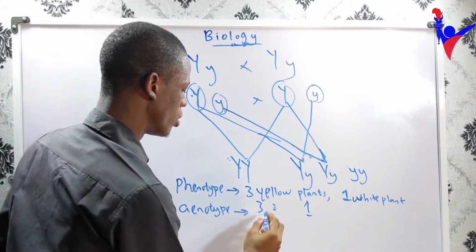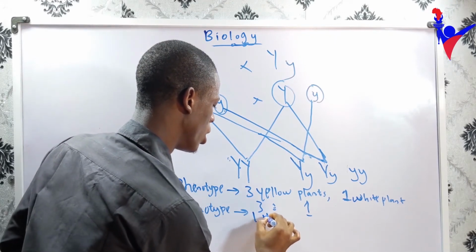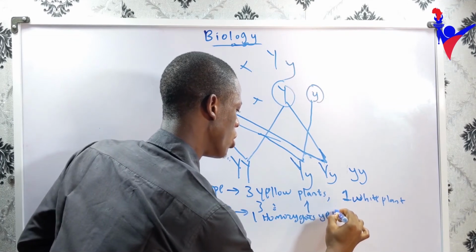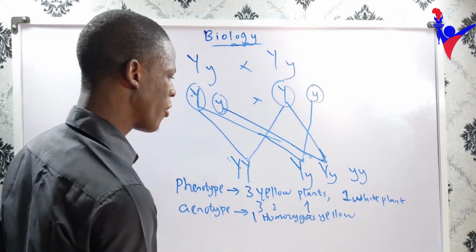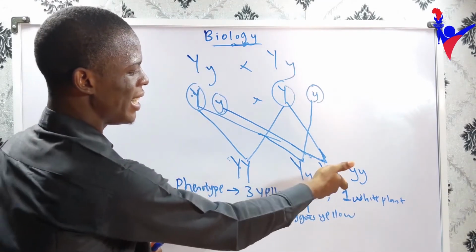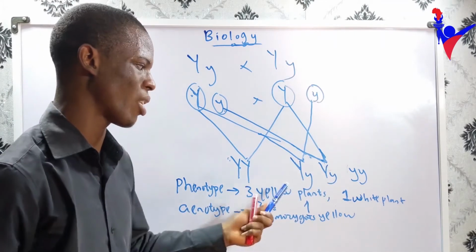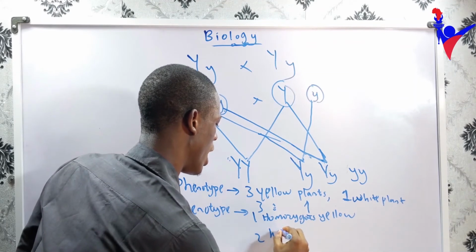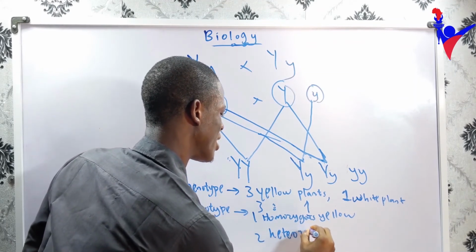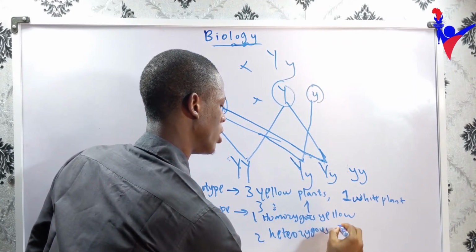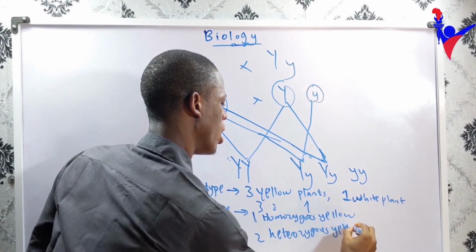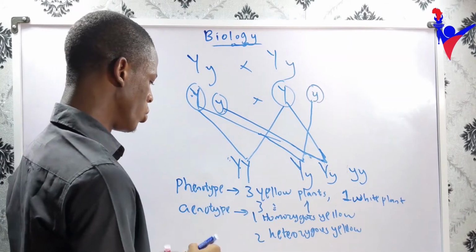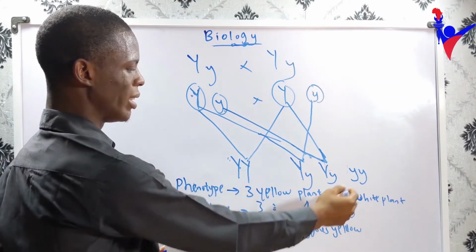We have 1 homozygous yellow, and since these are what? They are contrasting characters. We have what? 2 heterozygous yellow, and the other one we have is one which is the white one.